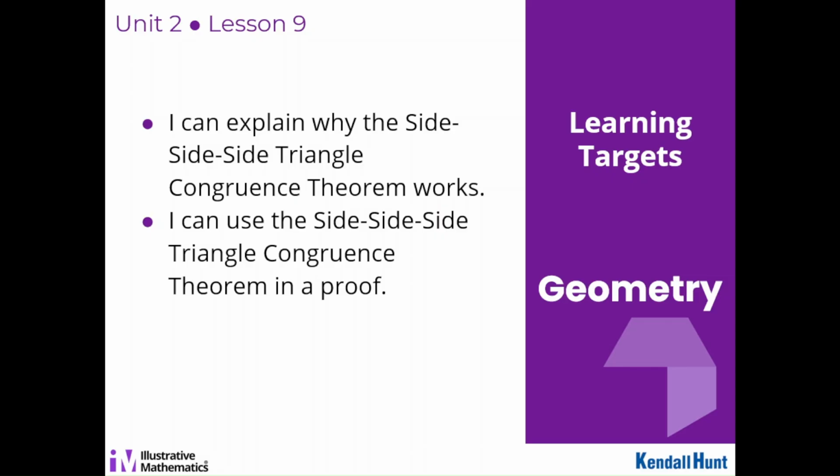We could then prove that other angles were also congruent. We could go on to prove that line segments were bisectors of angles. So this is how you would use that specific theorem in a proof.